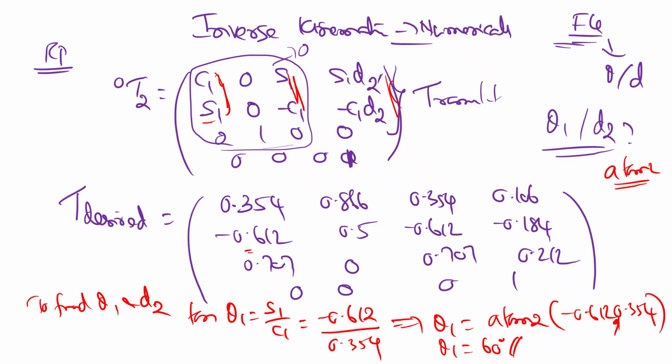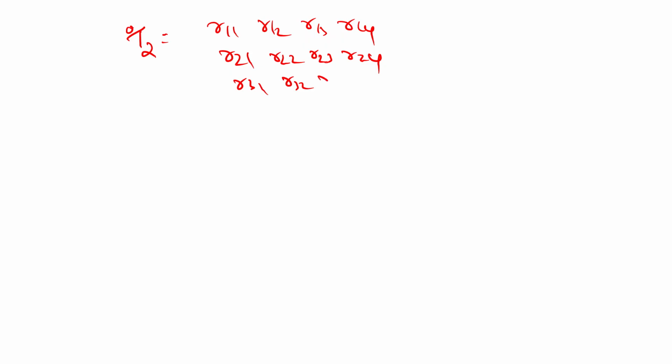Now we are going to find d2. For d2, you have to take these terms. In the next slide, generally the transformation matrix has the general terms R11, R12, R13, R14, then R21, R22, R23, R24, R31, R32, R33, R34, and R41, R42, R43, R44.